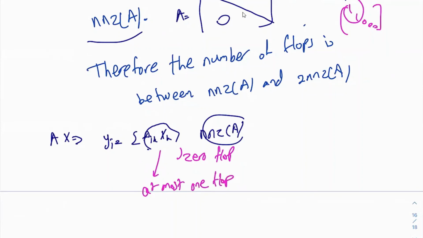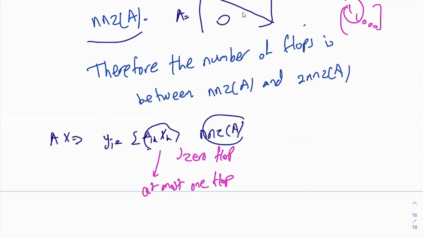So let's say aik is 1, right? And xk is whatever, also non-zero. So it's going to be 1 flop when you multiply it. If one of them is 0, it's going to be 0 flops, right? Just add them all together now. So for each iteration, it's going to be either 0 flops or 1 flop.